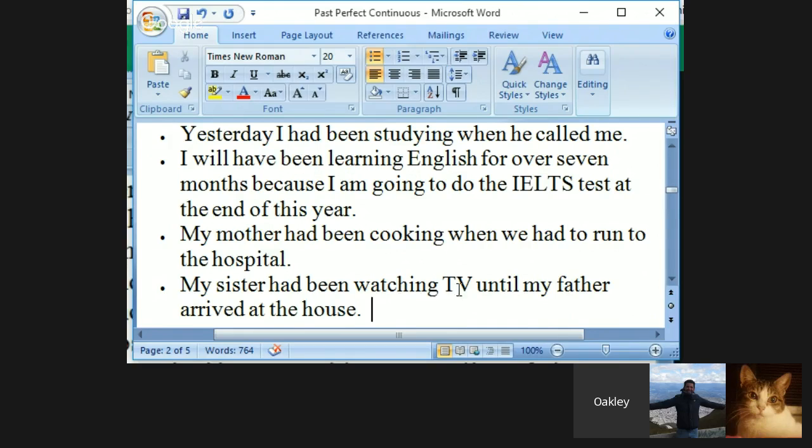My sister had been watching TV until my father arrived at the house. Hmm. I don't think it's necessary here because we have until. So this very clearly expresses the fact.